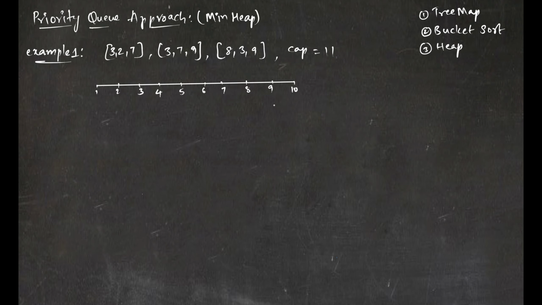But we need to approach the problem in some systematic way, and since the vehicle is traveling in the east direction, like in the ascending order of the kilometer locations, let us sort the trips by their starting location first. So if we sort the trips by the starting location, we'll get 3, 2, 7, then 8, 3, 9, then 3, 7, 9.